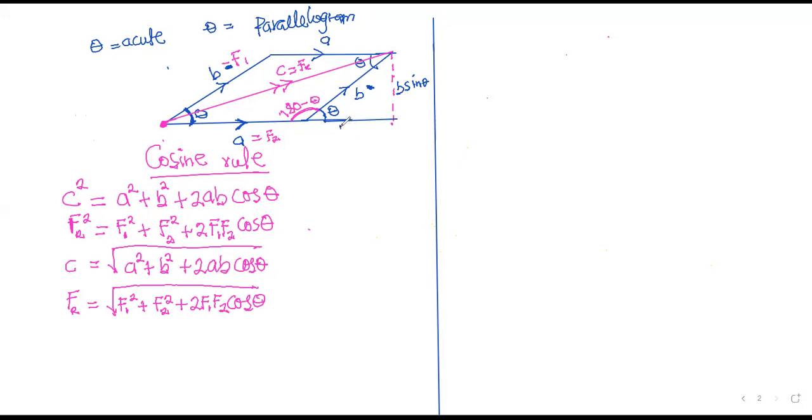This will also be B cos theta. So assuming this is O, A, B, C, D, we saw that considering triangle OBC, meaning the bigger right angle triangle.